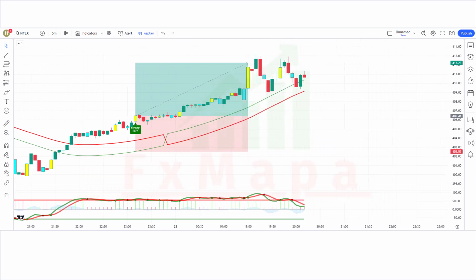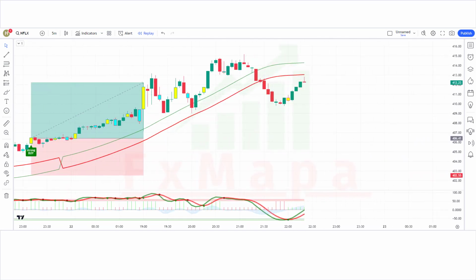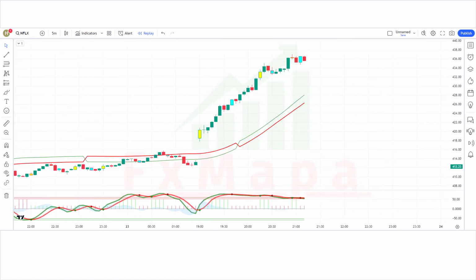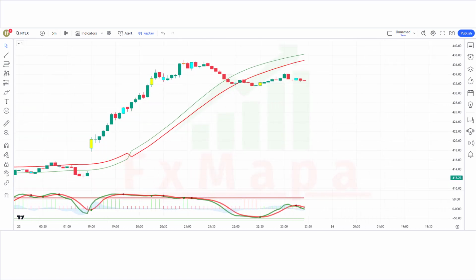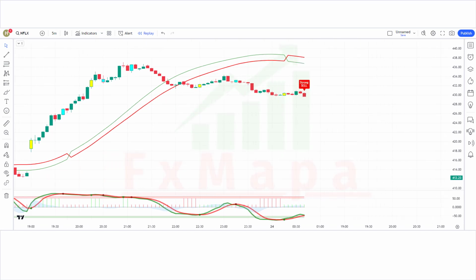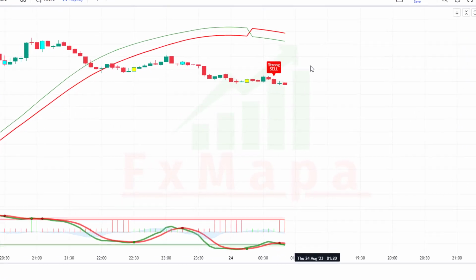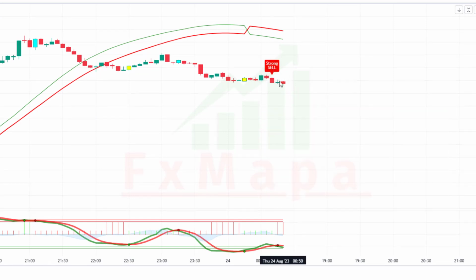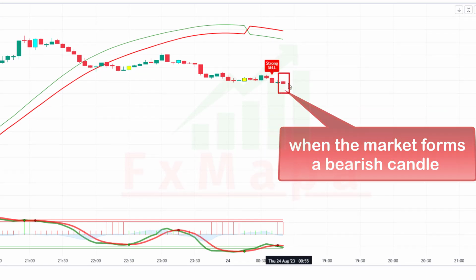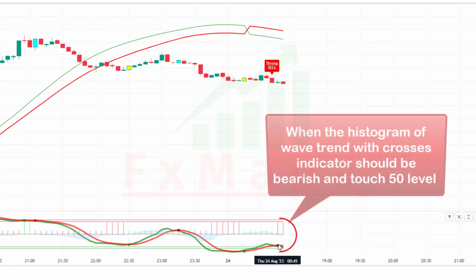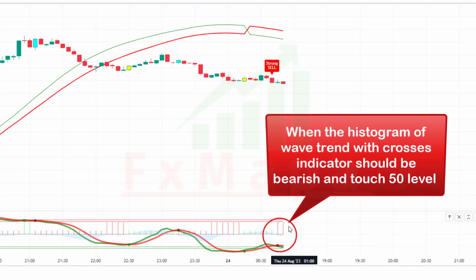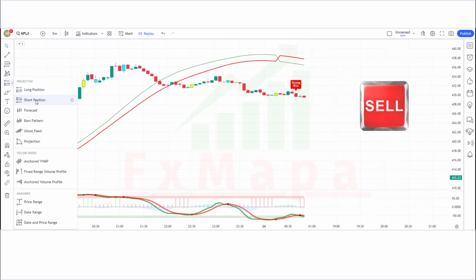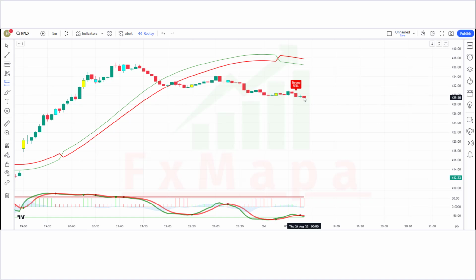Now let us understand the short position. When the ZUSI main buy sell indicator gives us strong sell signals, when the market forms a bearish candle, and when the histogram of the Wave Trend with Crosses indicator is bearish and touches the 50 level, if this condition is fulfilled, then we will place a sell order.